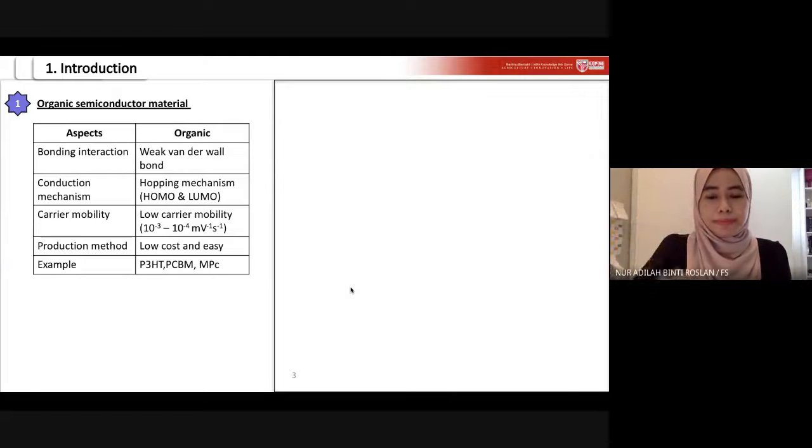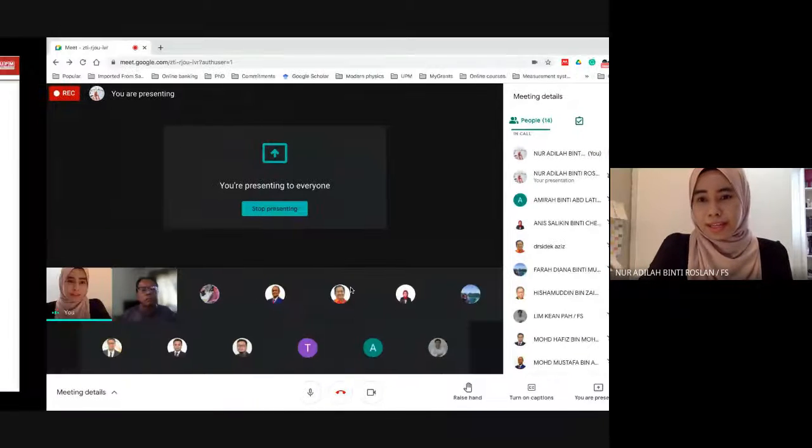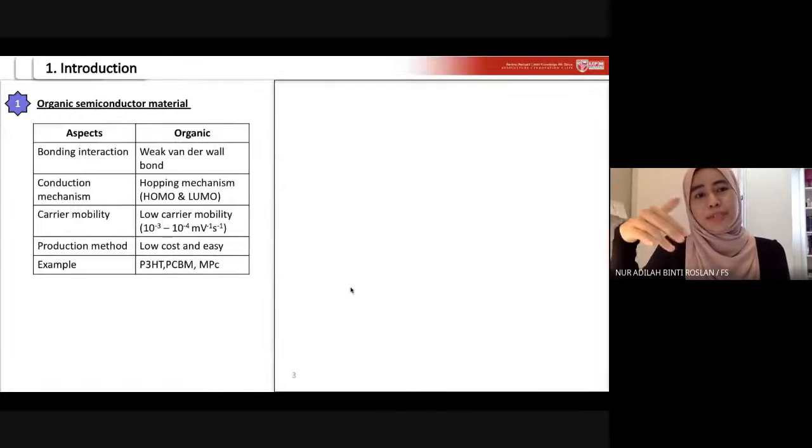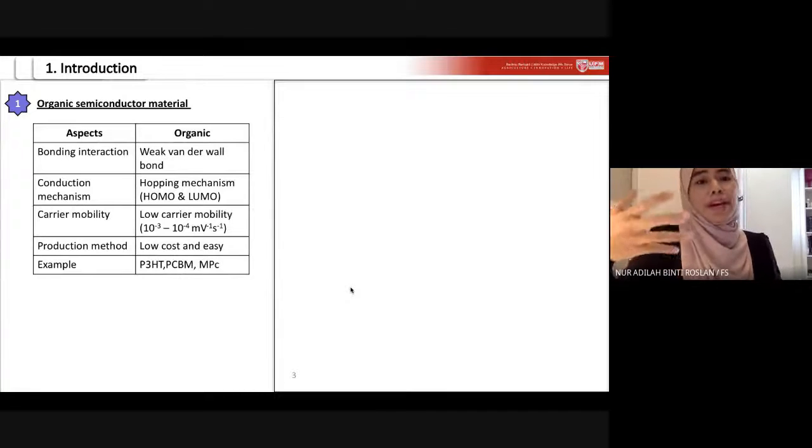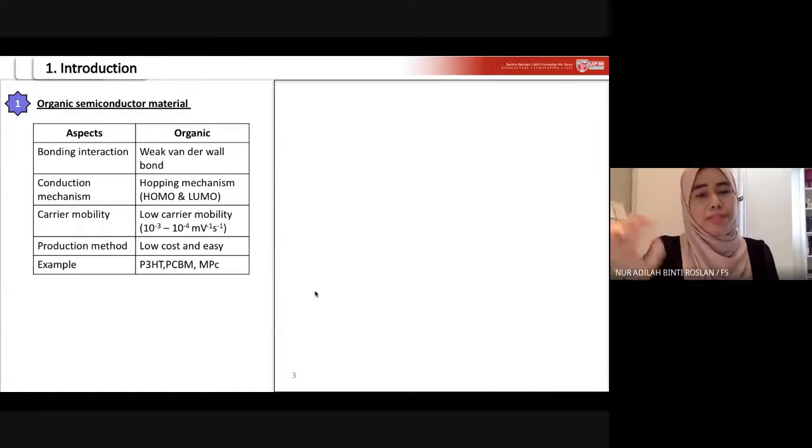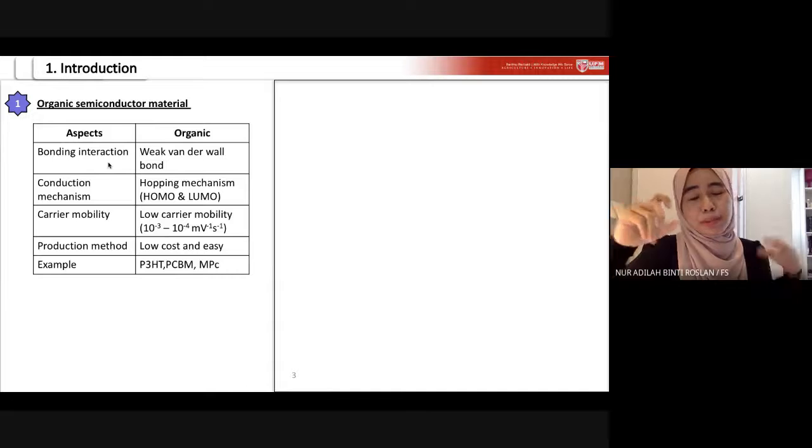Okay, so let me go further to the aspects of the organic semiconductor material. It has a few important aspects. For example, the first one is in terms of the bonding interaction. In organic semiconductor material, the bonding interaction between the molecules is held by weak van der Waals forces.